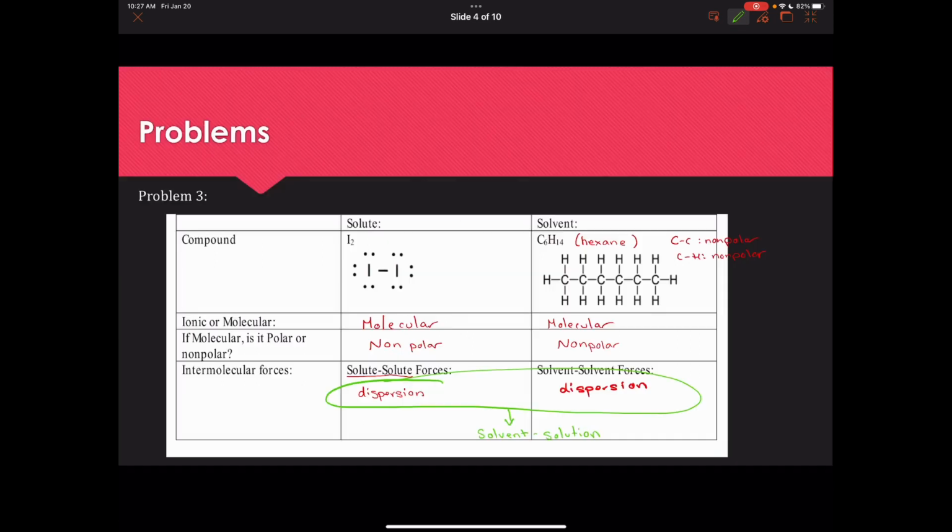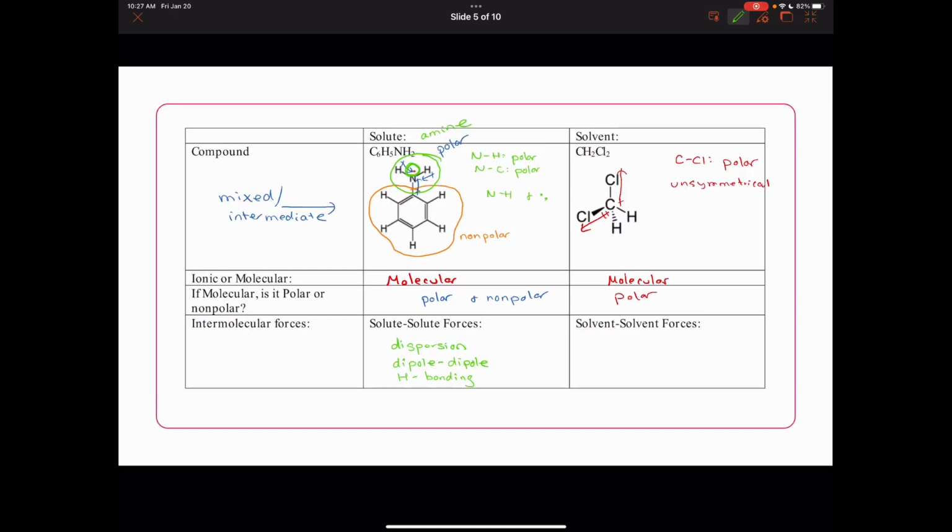So now we do the same thing with our solvent. We look to see what our solvent has. It's a polar molecule, so it's going to have dispersion. And it's going to have dipole-dipole. So again, we look to see if it can undergo hydrogen bonding.